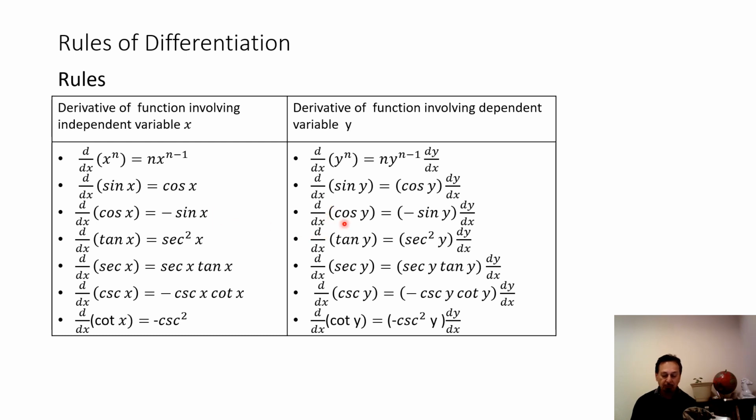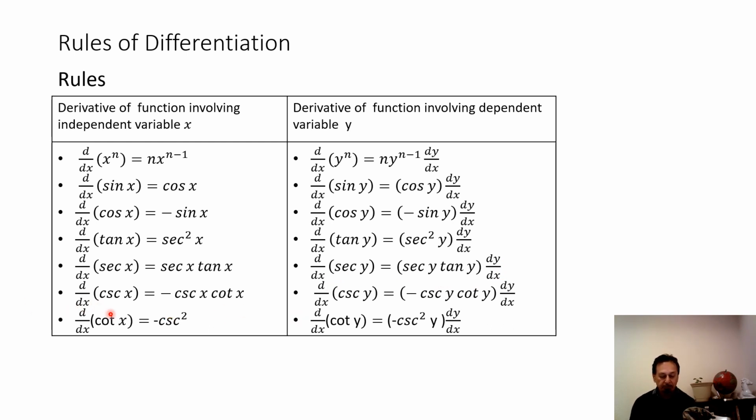But d over dx of cosine of y is minus sine of y times dy over dx. d over dx of tangent x is secant squared x. But d over dx of tangent y is secant squared y times dy over dx. d over dx of secant x is secant x tangent x. But d over dx of secant y is secant y tangent y times dy over dx.